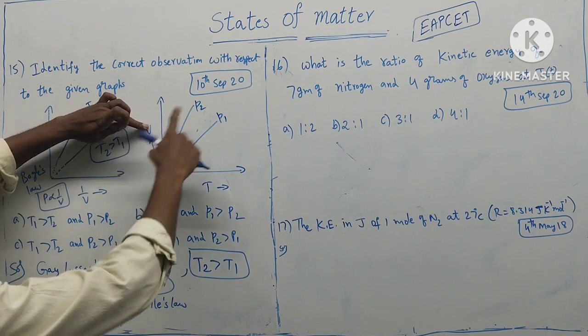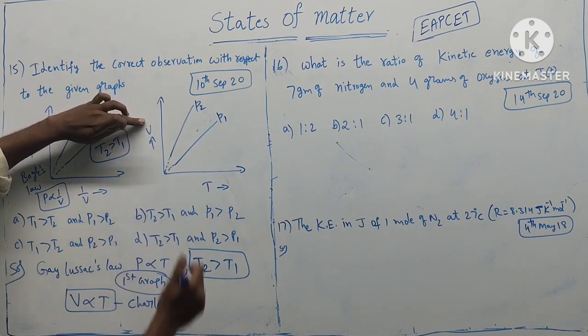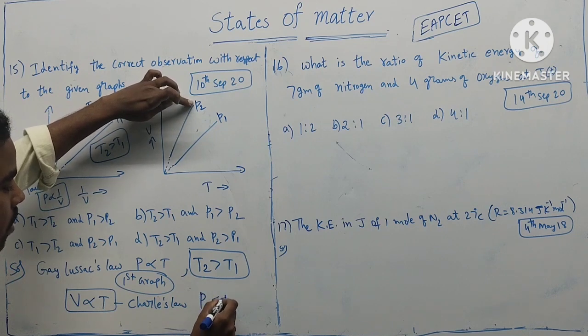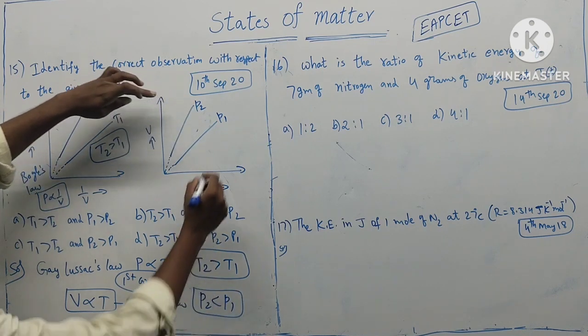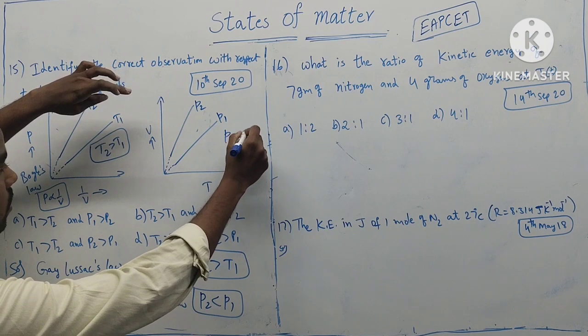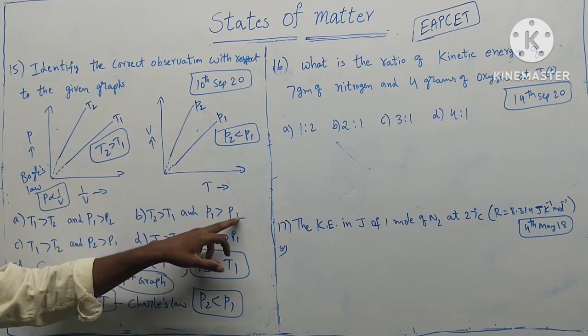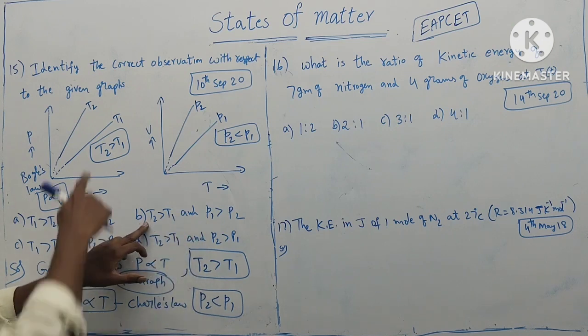But volume and pressure are inversely proportional, so higher volume means lower pressure. So P2 is less than P1, and T2 is greater than T1.